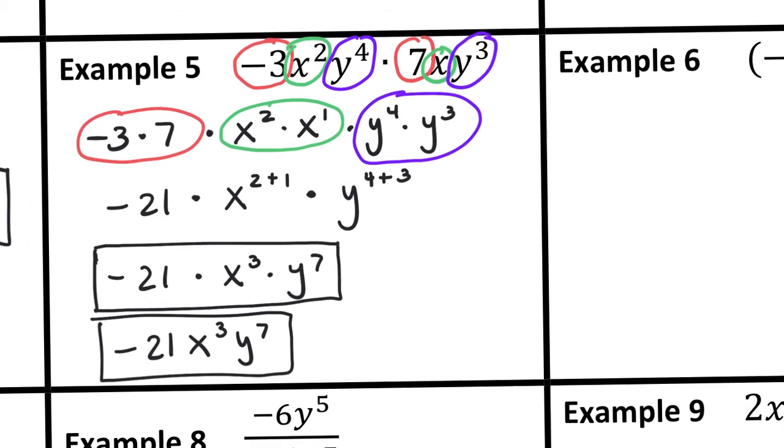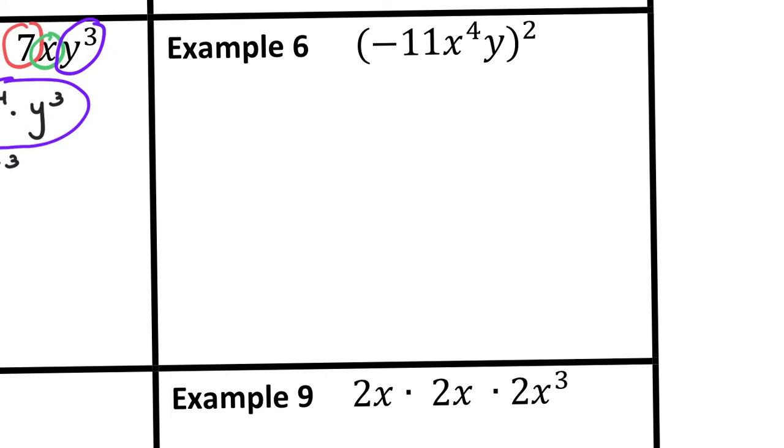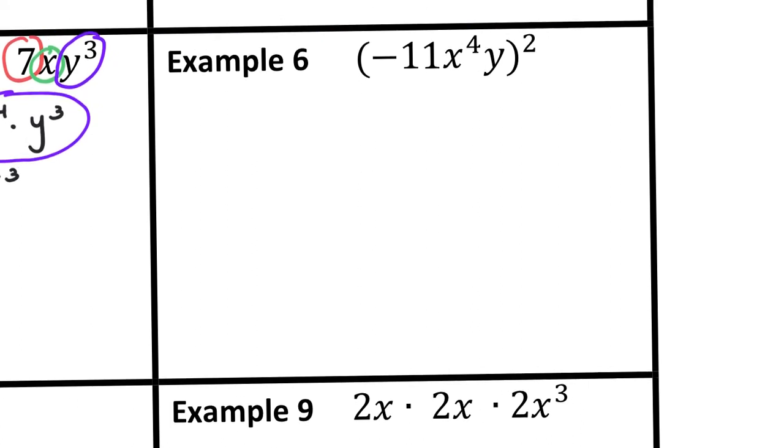All right, so let's look at example 6. So example 6 has a power rule. And so what's going to happen is, again, we're going to break this up into categories. We have the term that is a number, we have the term that's an x, and we have the term that is a y.